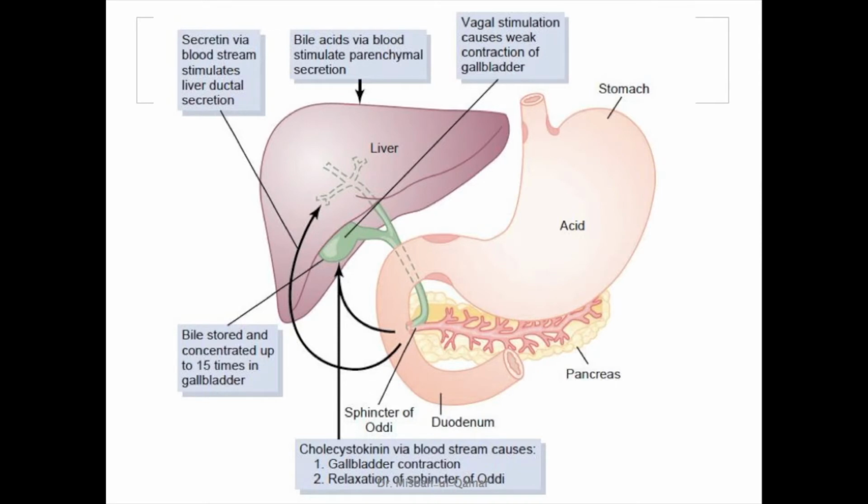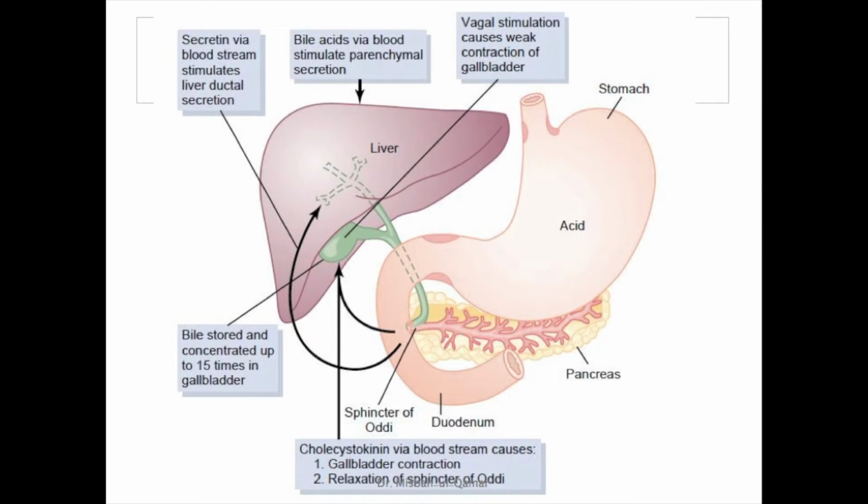Well, the causes for the contraction of the gallbladder include mainly cholecystokinin, while vagal stimulation also has a weak effect in this case.